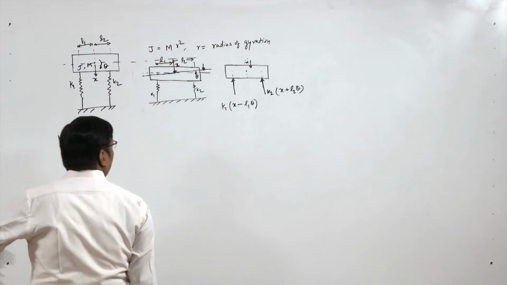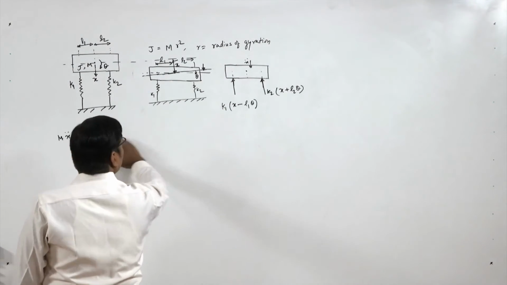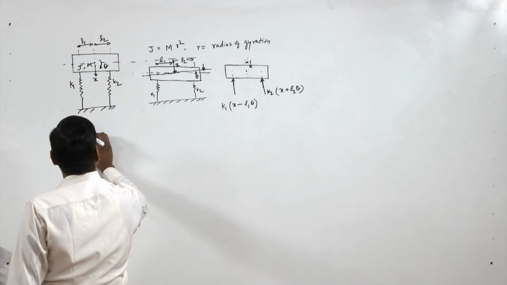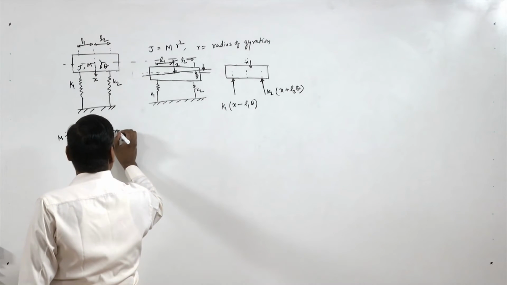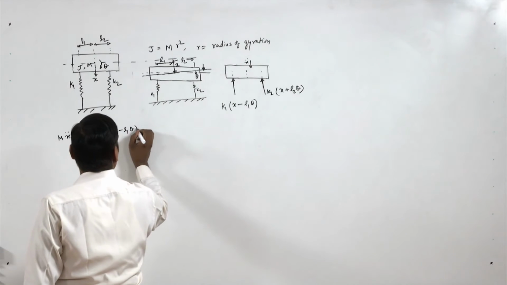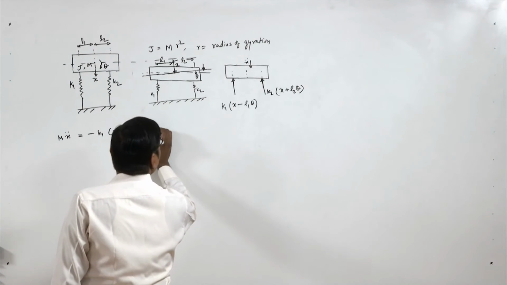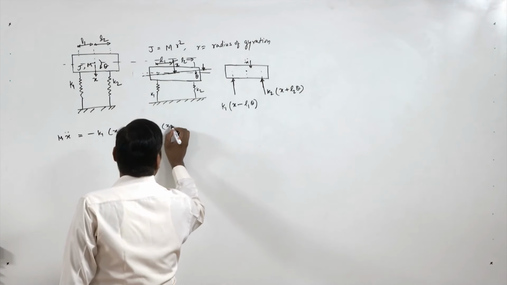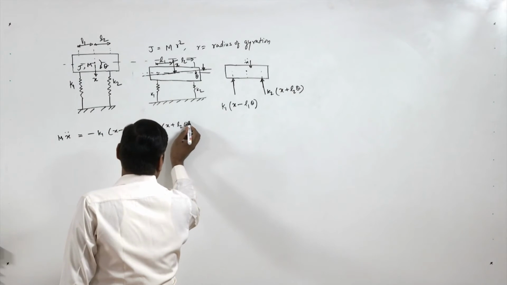So m x double dot equal to, these forces are opposite, so it is minus k1 (x minus L1 theta) and then minus k2 (x plus L2 theta).